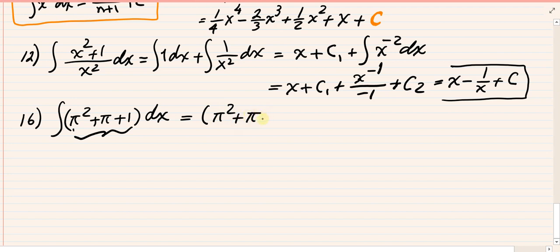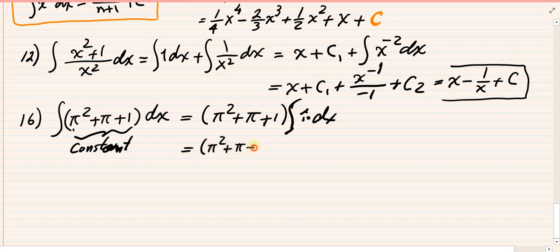That was rule 1 of integration. Here's a constant, right? That's a constant. Now, I can write it as a constant multiple of just dx, which is 1 dx, and the integral of 1 dx is just x, so it's going to be pi squared plus pi plus 1 times x plus a constant of integration.